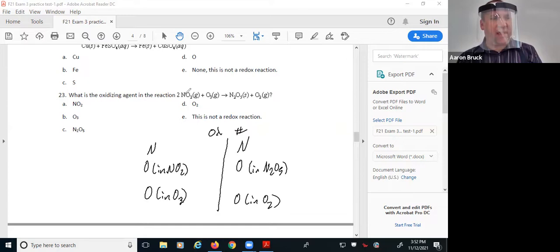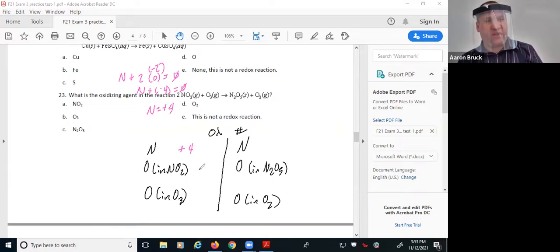So to assign oxidation numbers, I need to look. Nitrogen plus 2 oxygens is equal to 0. Each oxygen is -2. So nitrogen plus -4 is equal to 0, which means that the nitrogen is +4. So I've got +4 for the nitrogen there. We've already established that the oxygen in it is -2.